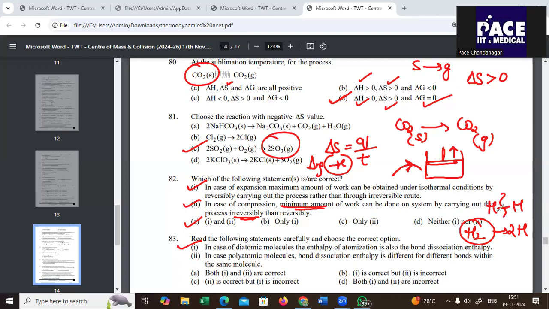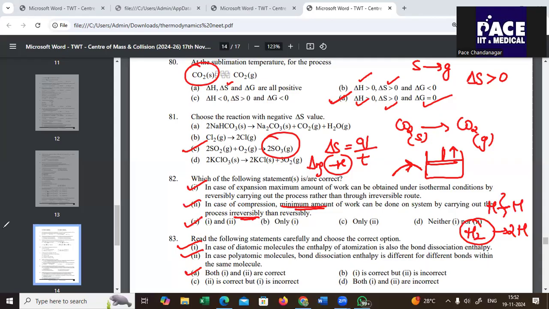Hydrogen to hydrogen single bond is there, that gets dissociated. Then in case of polyatomic molecules, bond dissociation enthalpy is different for different bonds within the same molecule. Yes, because sometimes it is your single bond, or double bond, or triple bond. The bond dissociation enthalpy differs for each of them. So both are right statements.